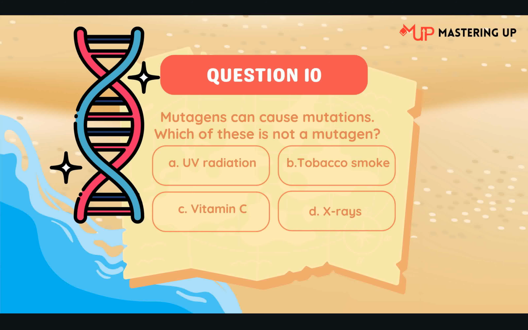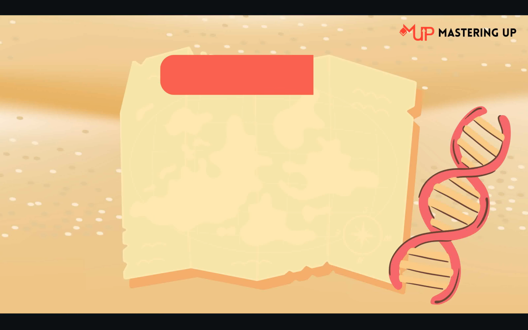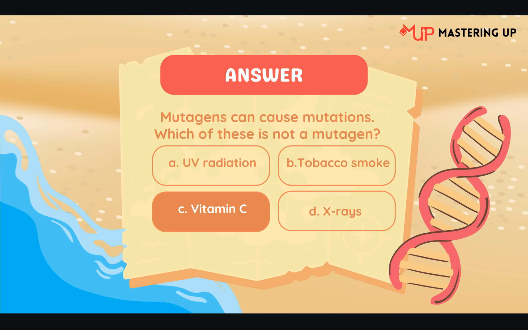Now let's see the answer. The answer is option C, vitamin C. The other three options can lead to mutations, so they are mutagens. Vitamin C is not a mutagen. Hope you all got the correct answer.